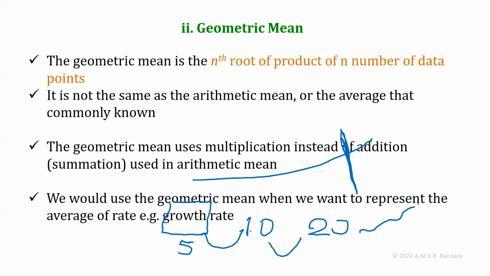But the objective of a measure of central tendency is to represent the center. Due to these large values, the center is moved to that extreme observation on the upper side.